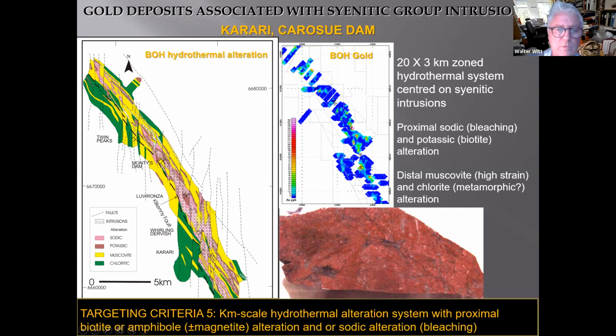But this allows us to construct criteria number 5, which is a kilometre scale hydrothermal system with proximal biotite or amphibole alteration and sodic alteration.